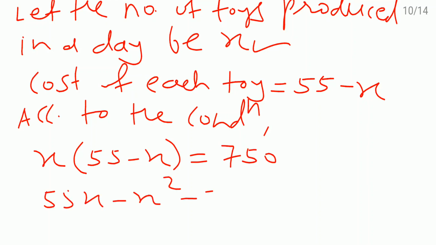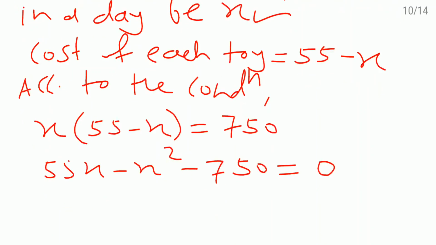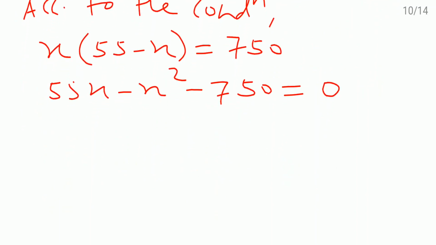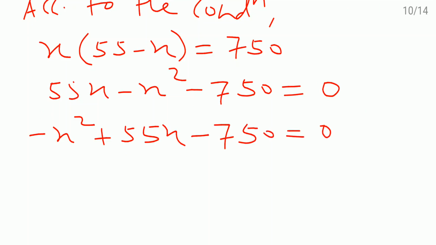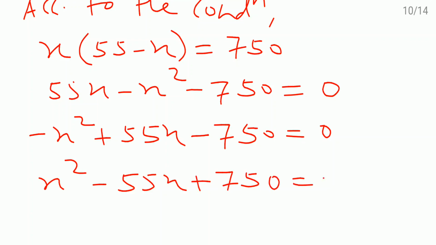This 750 will bring it here, so it will become negative, which is equal to 0. We'll write down in a proper format. So minus x square plus 55x and then minus 750, which is equal to 0. I will just change the sign of each term. So it will become x square minus 55x plus 750, which is equal to 0.